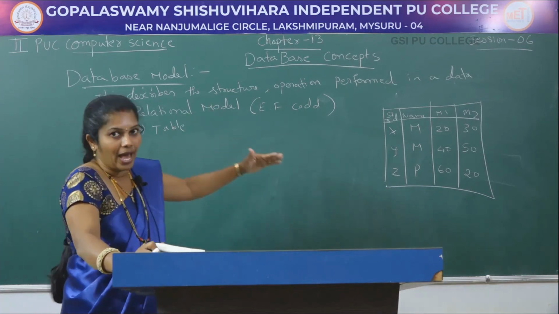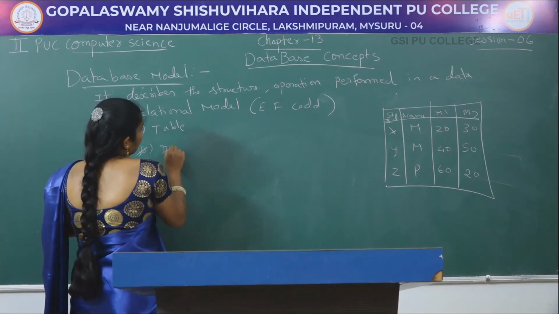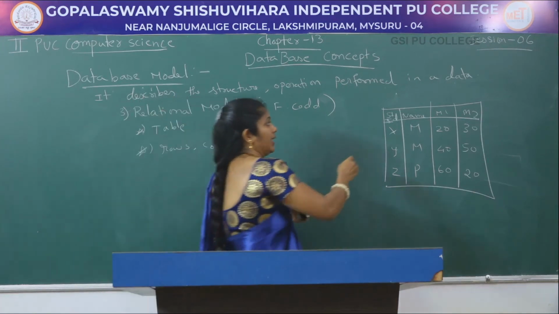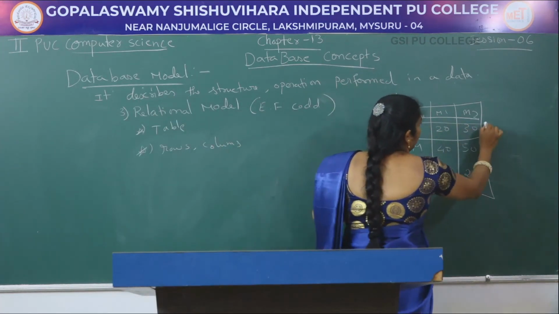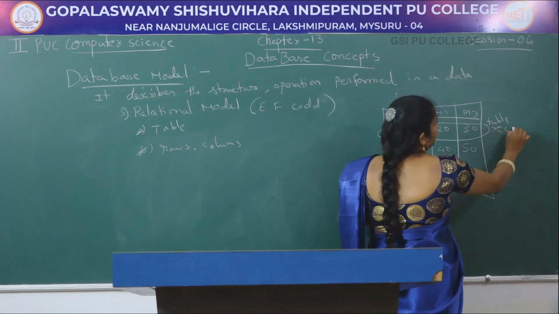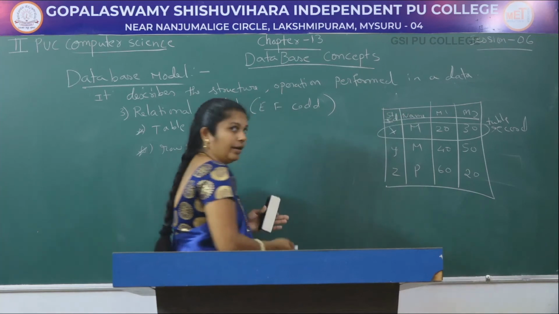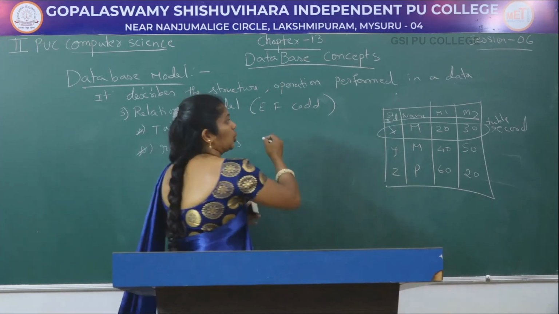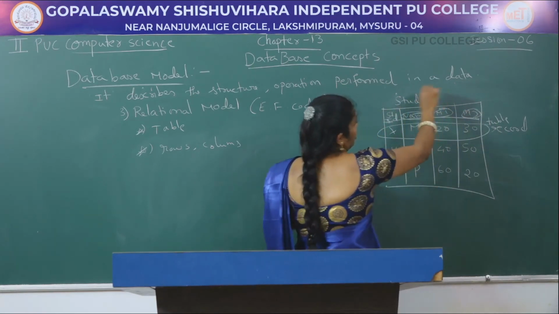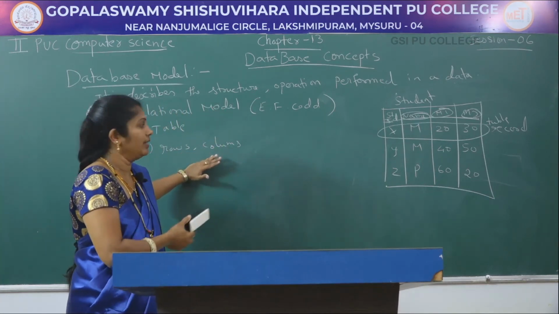And here we have rows as well as columns. What do you mean by rows? Here the entire row of values can be called a tuple, or we can say a record. The collection of the entire column's values can be called a domain. Here also we have attribute and entity. Like that, whatever features a table has, we have the same here also.